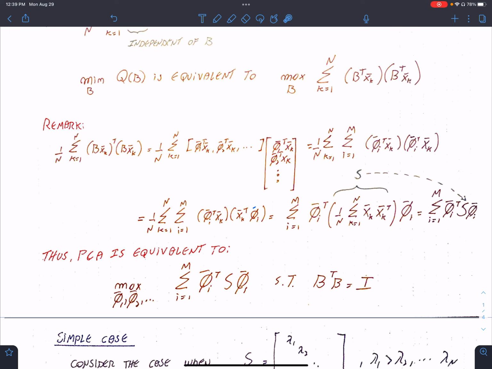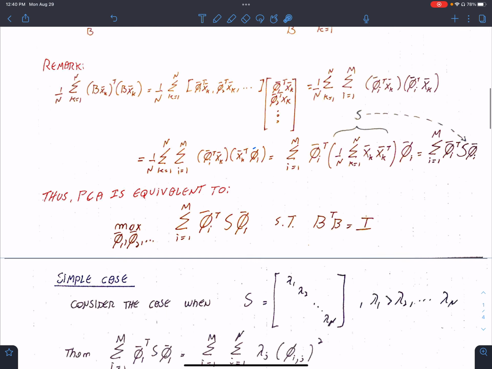Therefore, PCA, which we already made the argument is equivalent to maximizing this guy here as a function of phi1, phi2, etc., is equivalent to maximizing this particular sum here, with that important constraint that B transpose B equals the identity matrix. Again, we would like the vectors to be all orthonormal.